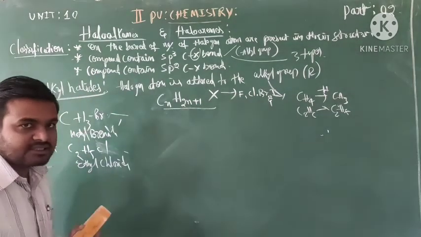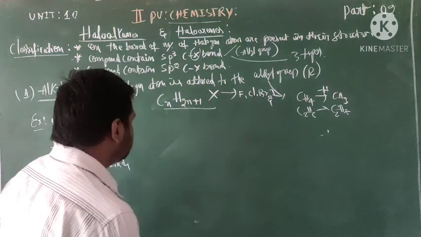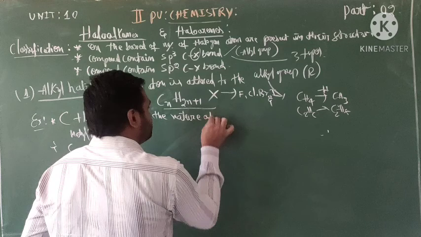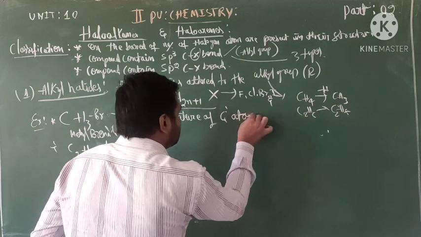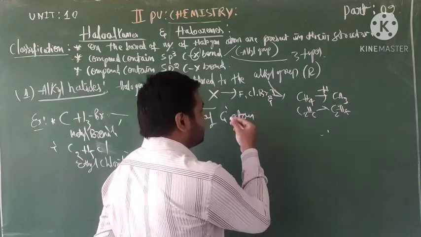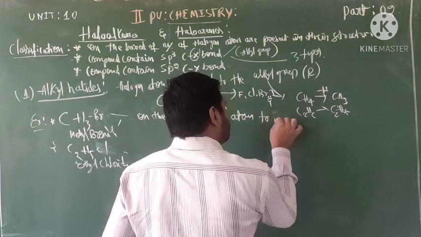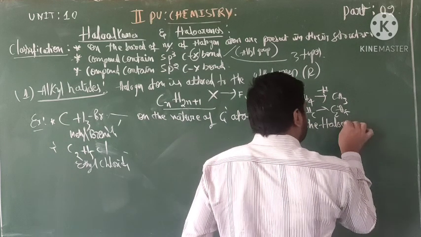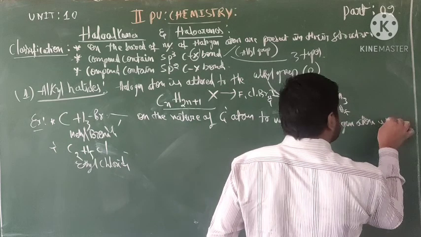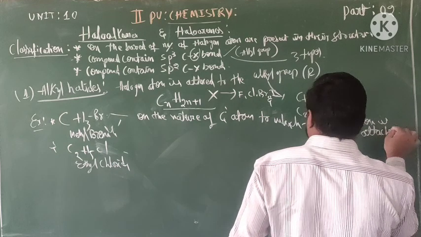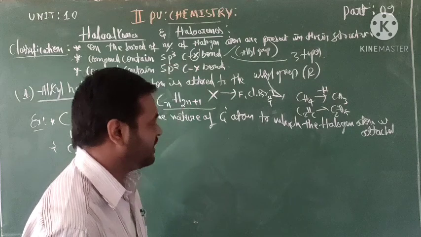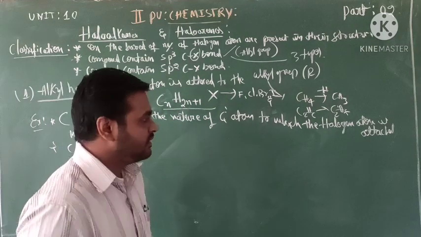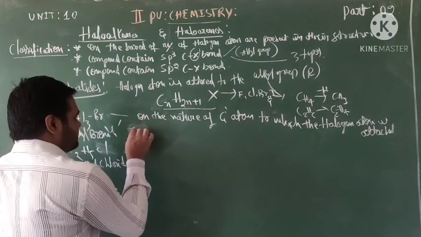Now, these alkyl halides are further classified on the basis of the nature of the sp3 hybridized carbon atom to which the halogen atom is attached. Based on the carbon atom joined to the halogen atom, we classify them further into 3 types.